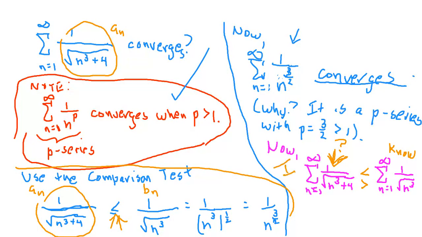Here's series 1. Here's series 2. Which series has bigger terms? Shouldn't series 1 have bigger terms since we have plus 4? Well, but look here, look at your comparison.